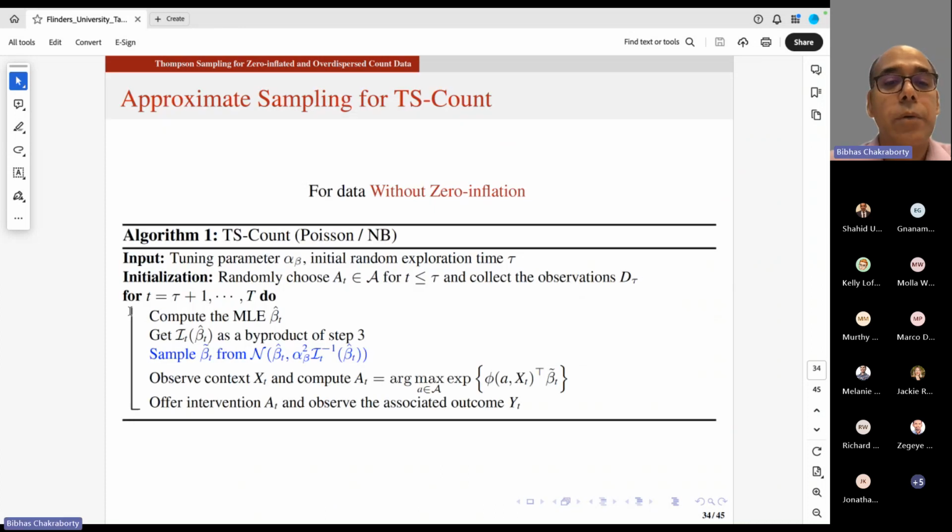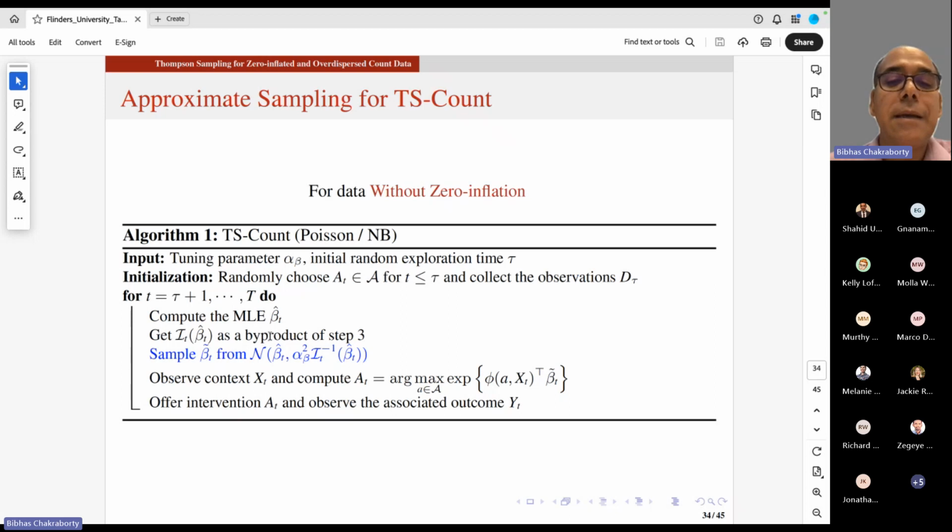Okay, so these are just the algorithms. I'm not going to go through the details, but I just want to mention that we have two versions, one for data without zero inflation and another for data with zero inflation. These are all gory details, but the main thing is how do we do the posterior sampling?